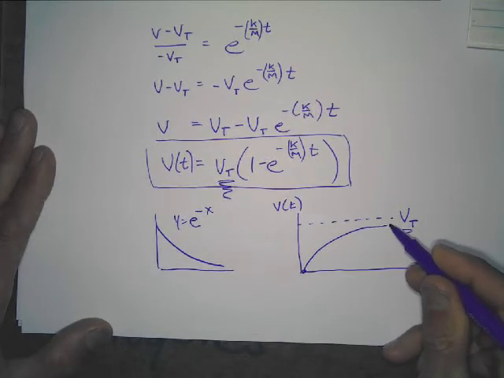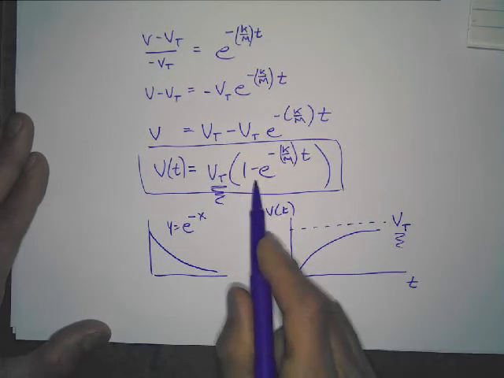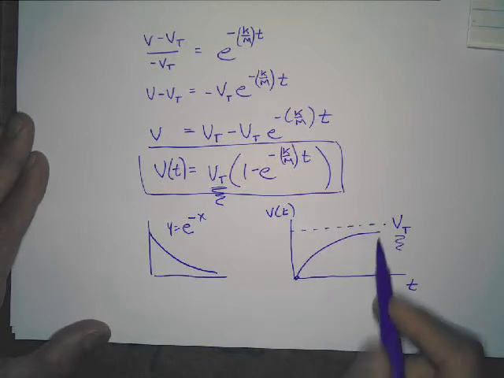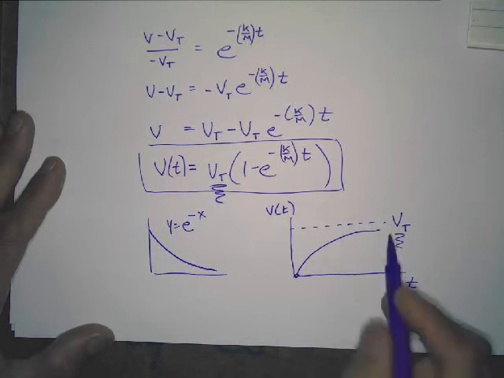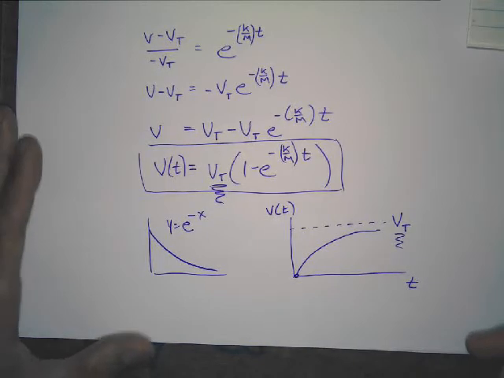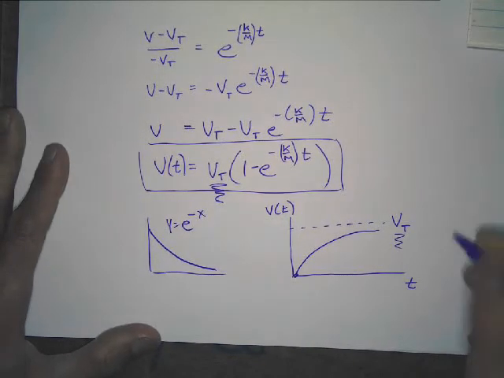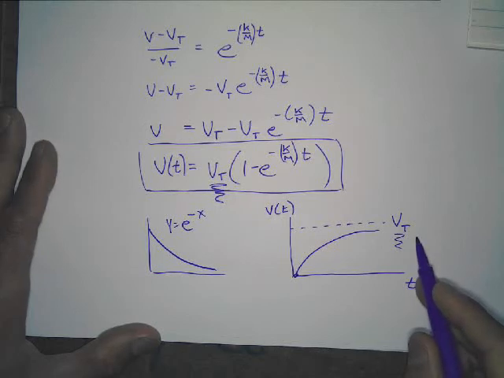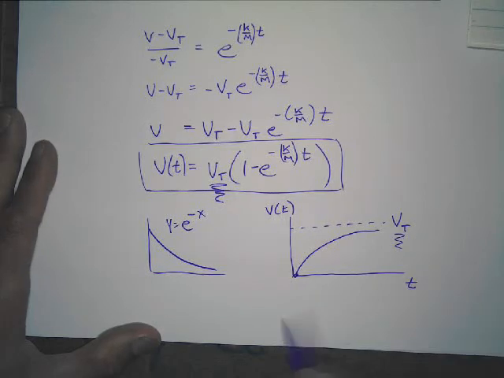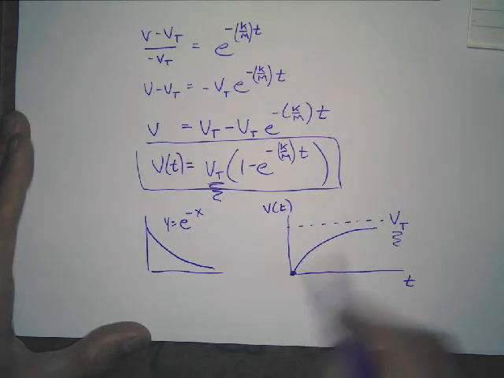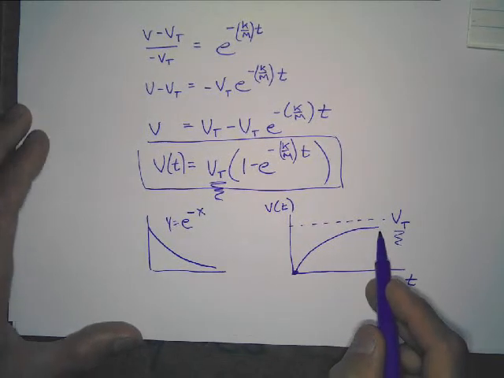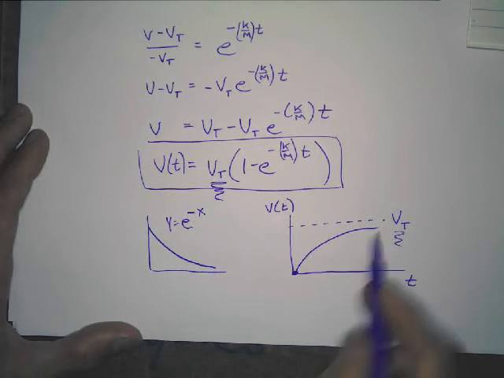You should probably know from math class that 1 minus a negative exponential gives you a function that looks like this. So in fact, we've got a function here that does make sense. It matches up with our prediction. It approaches a terminal velocity. What else? The velocity starts at 0. It ends at a terminal velocity after a long time has gone by.